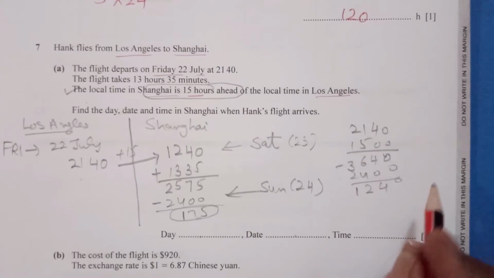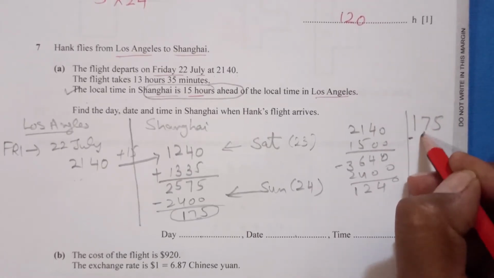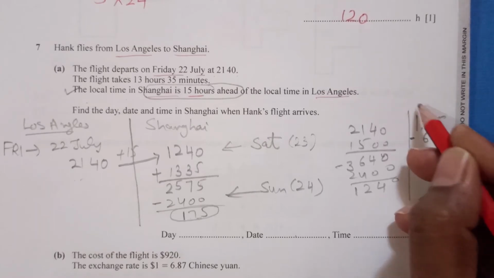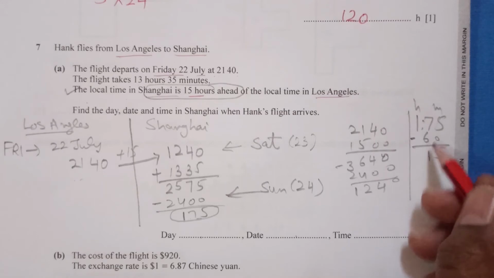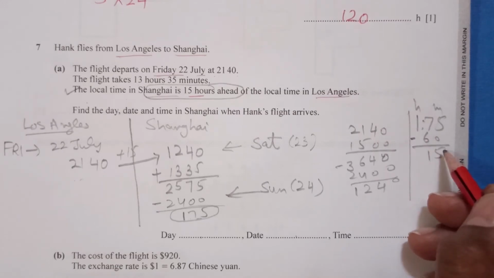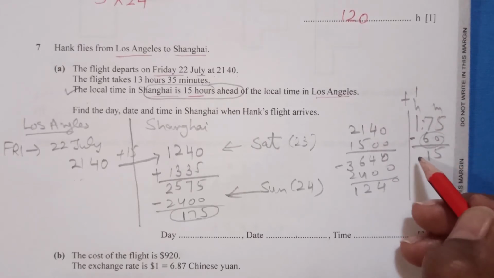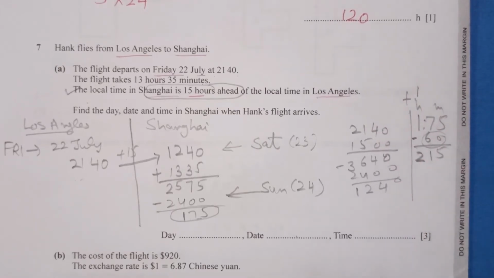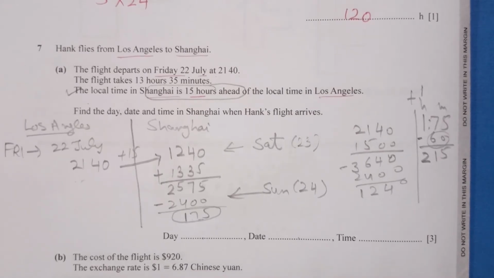Where should I write? Let me write down here. 175, so minus 60 minutes. So this is hours and this is minutes. So 5 and 6 here, and then this 1 hour will be added this side to make this hour. So this became 2 hours and 15 minutes. So our final answer, we got this one now.